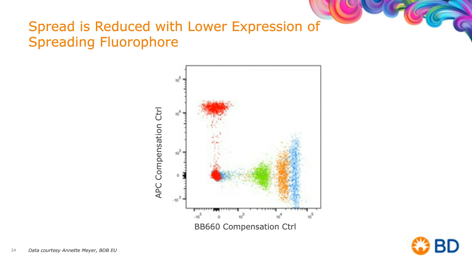And if we reduce and dilute it again into the green, we can see that the spread is reduced even more. But yet, we can still resolve that population. So here is an example of where, if it's just a gating population of a lineage, we might not need that 5 logs. But if we dilute it, then the impact is that we get less spread, and that can impact other parts of our panel.